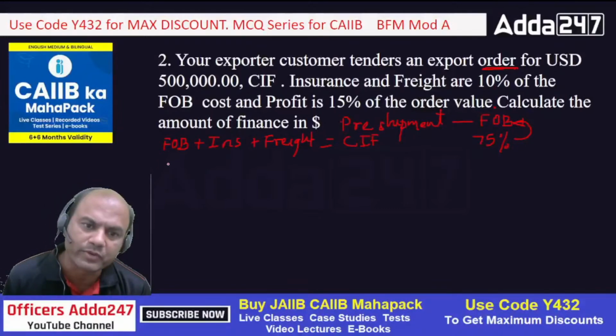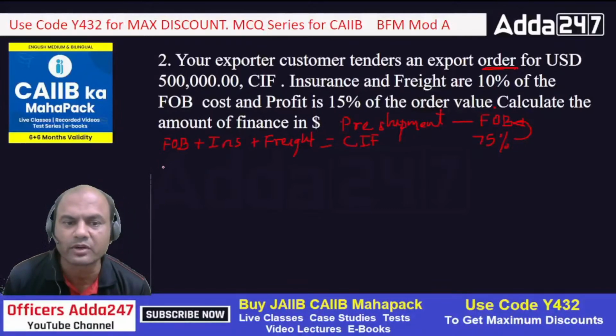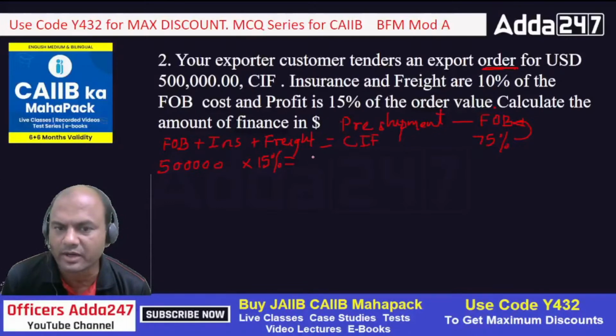So without profit, the order cost is what? 5 lakh into 15%, right? This much is my profit. 15 fives are 75, so 75,000 dollars is my profit.